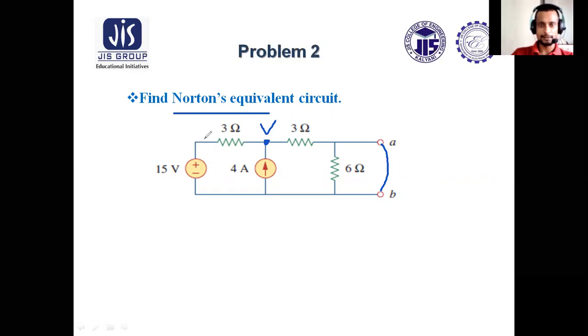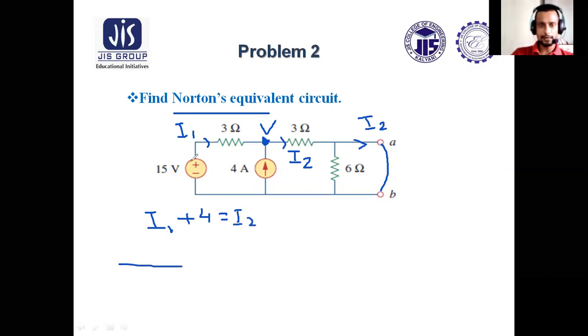Let us consider the voltage at this point is V. Suppose this is I1. Suppose this is I2. Now the entire I2 current will be flowing through this path, as this is shorted. So if we apply KCL at this node, I1 plus 4 equals I2.